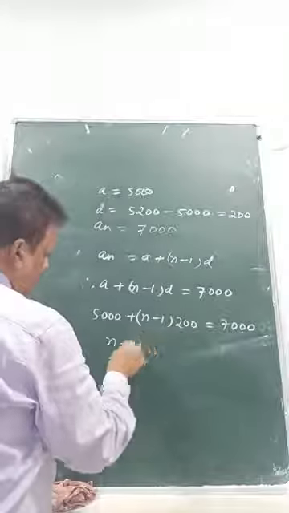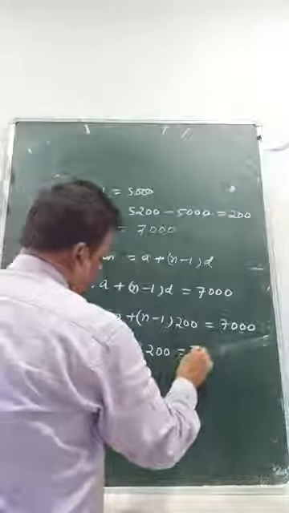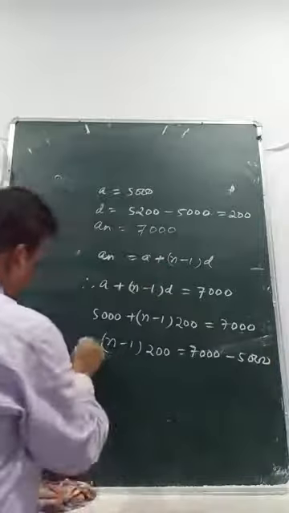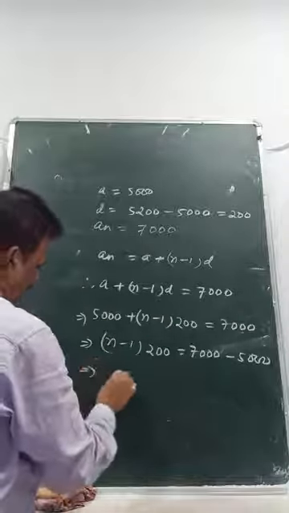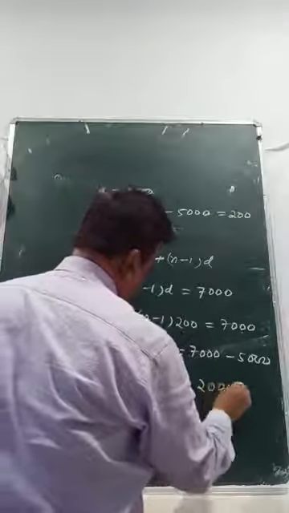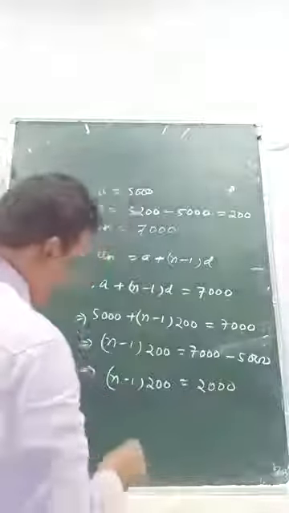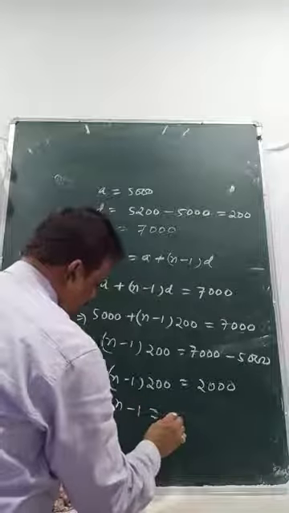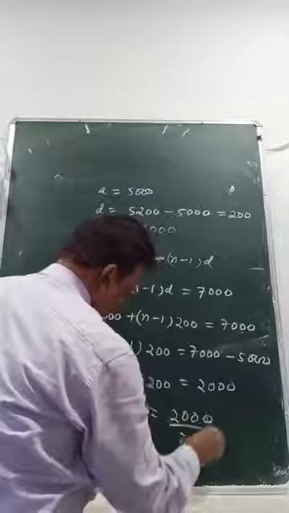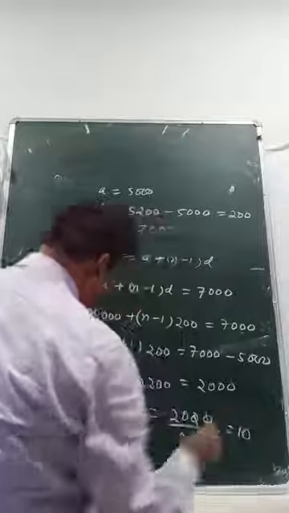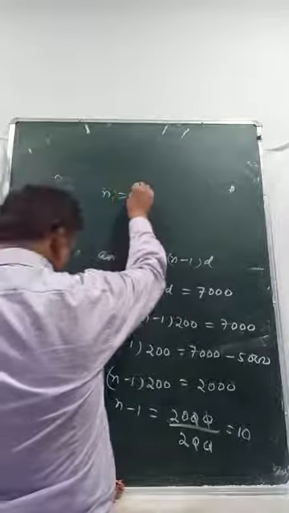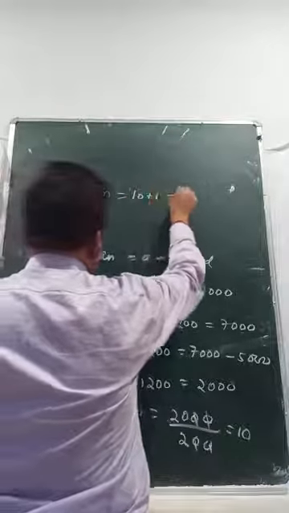Same method: n minus 1 into 200 equals 7,000 minus 5,000, that is 2,000. You divide by 200. n minus 1 equals 2,000 divided by 200, zero cancel, that is 10. So n equals 10 plus 1, that is 11.